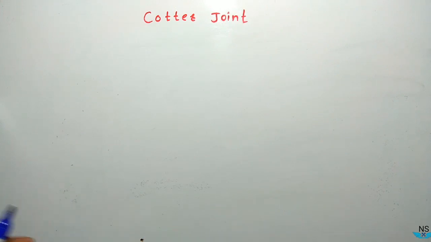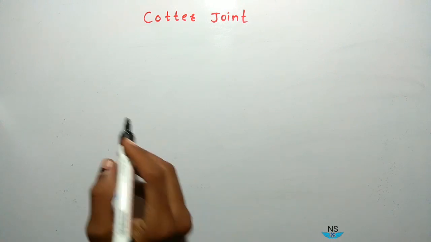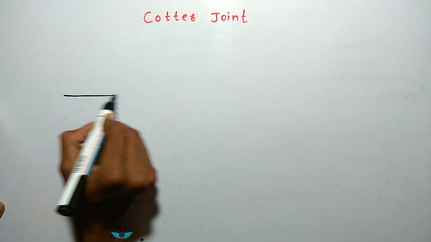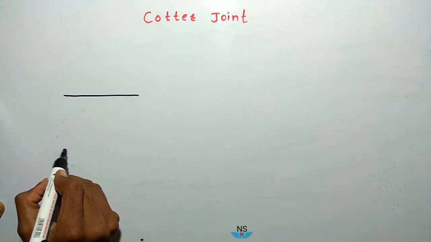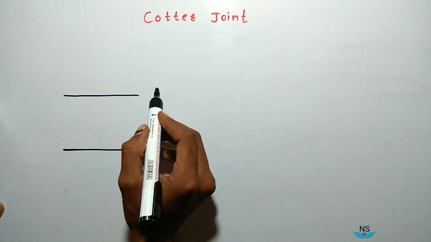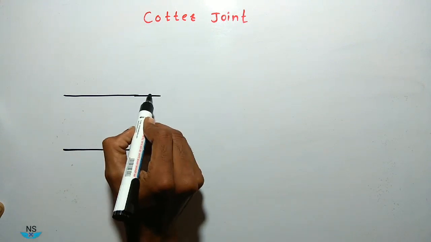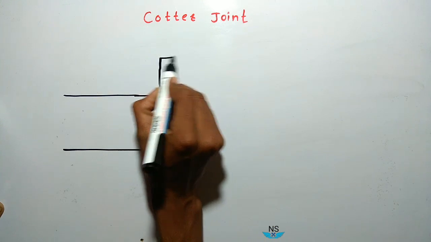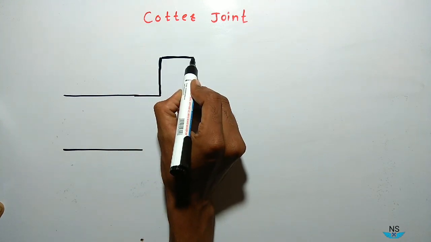Now let us see the sectional view or cut section of the cutter joint. I am drawing the sectional view here, and then we will see the notations used in the cutter joint.